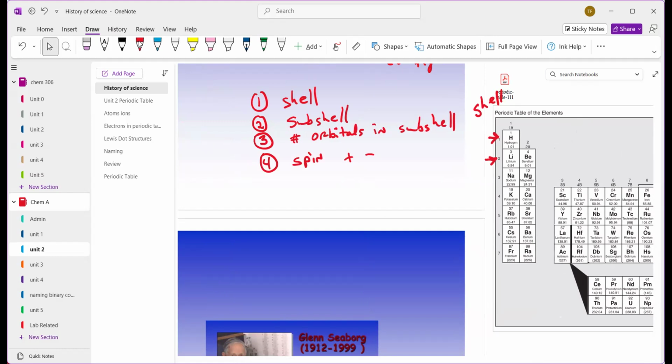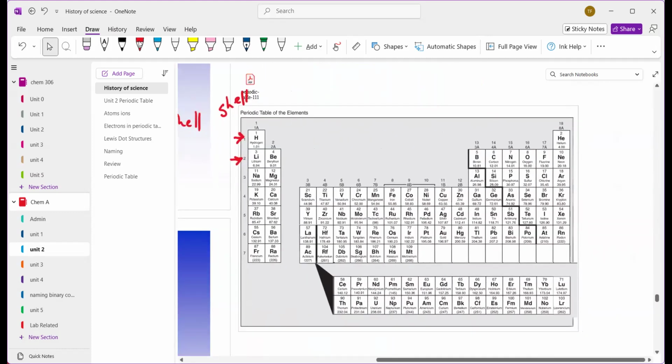It has to do with how the electrons are arranged in the atom. Basically, if the electrons are all paired up, then you have no magnetism. If it's an odd number where some are unpaired, then the thing is magnetic. So you've got 4 levels: shell, subshell, number of orbitals in the subshell, and the spin, plus or minus.